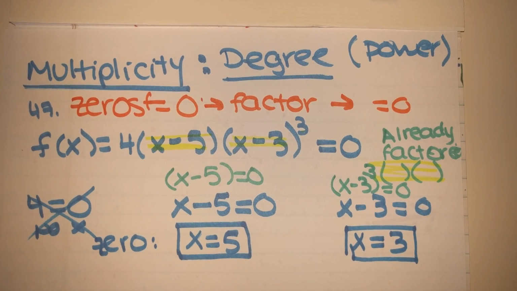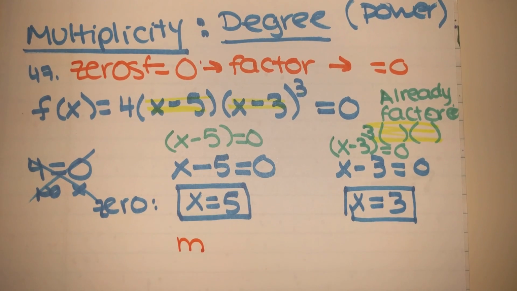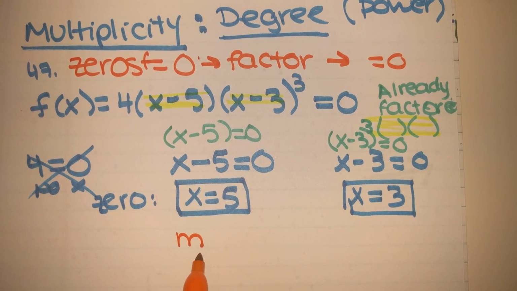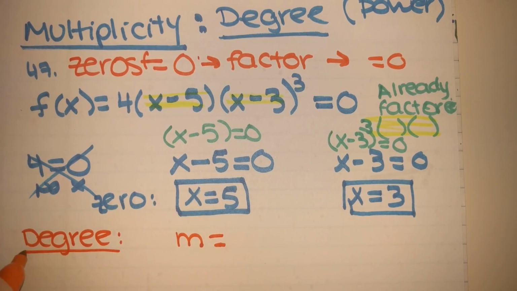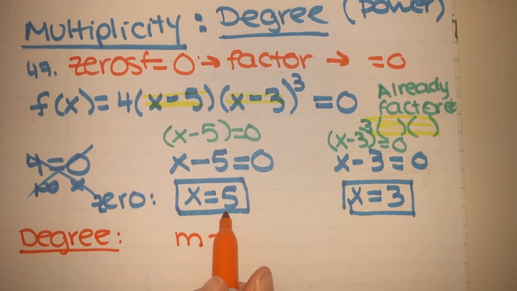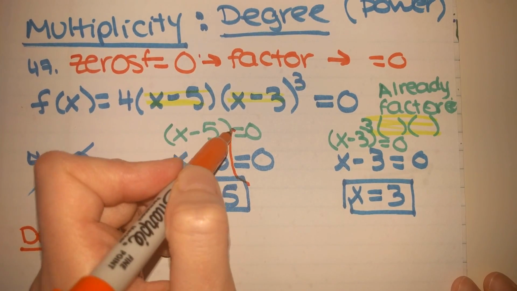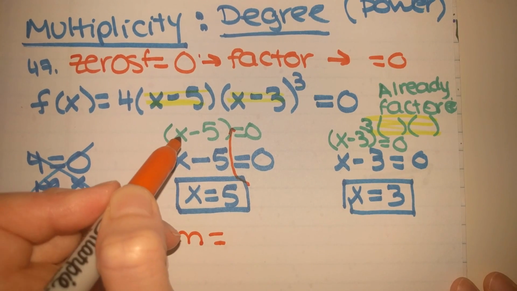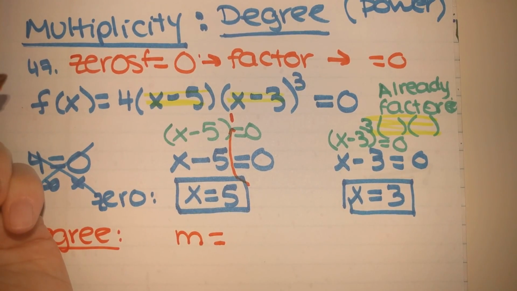Now, the new thing about this is that we have to find the multiplicity. We usually denote the multiplicity with m, and that is going to be the degree, so the power, from which that 0 comes. So if you look at the x is equal to 5 zero, and you trace it back to the parenthesis quantity, the factor that it came from, the degree, the power on that factor was 1.